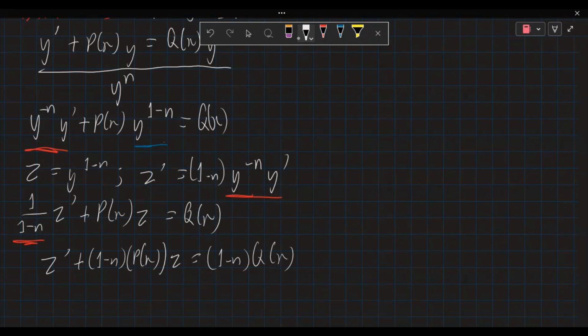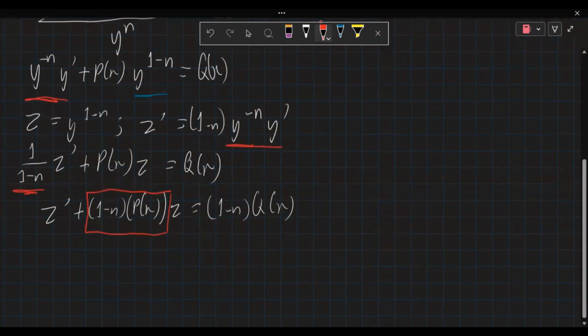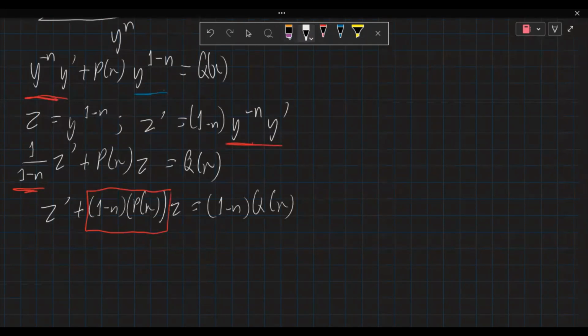Ayun. So in our case, for this, it is now a linear function. And then this whole thing, yung coefficient natin sa z natin will be our use for our integrating factor. So e to the power of integration of 1 minus n p of x dx. Then 1 minus n is just basically a coefficient. Yung n natin is any number, hindi naman siya variable talaga. And then we multiply it.